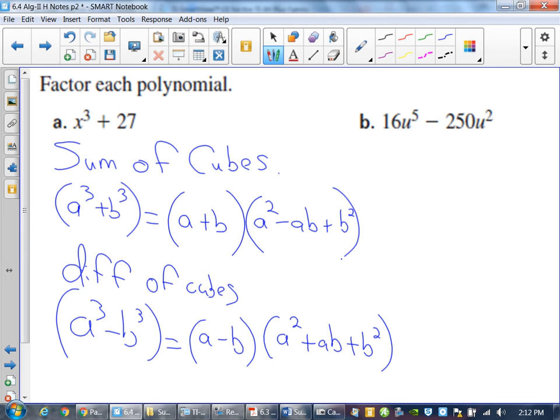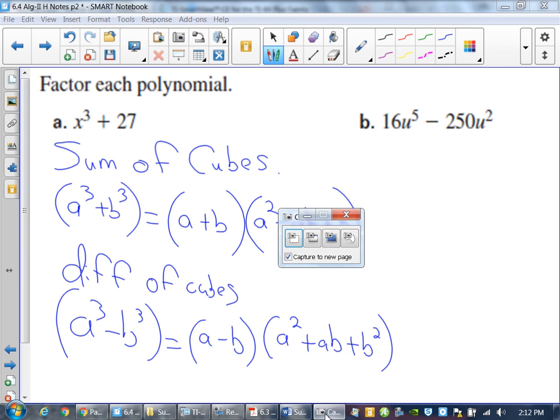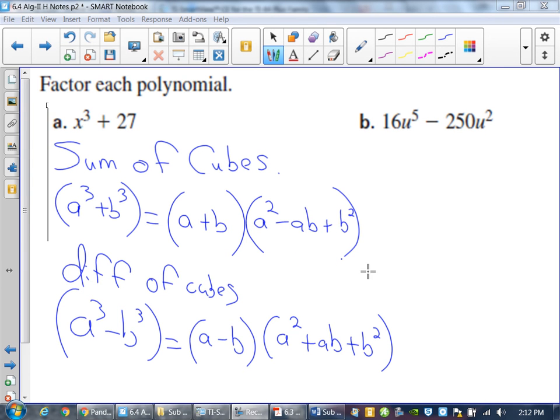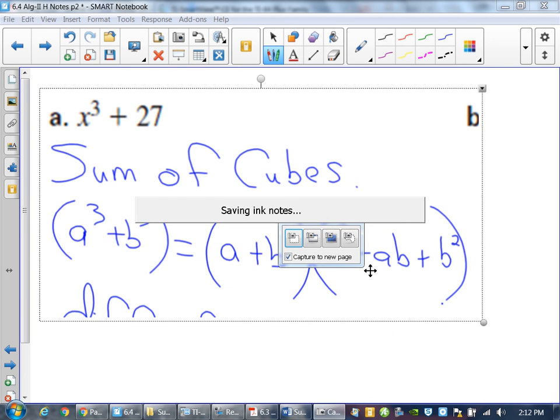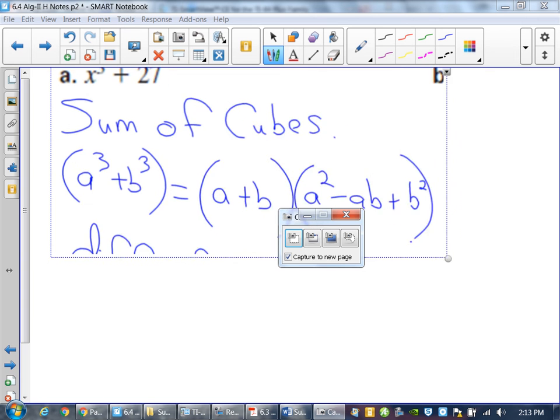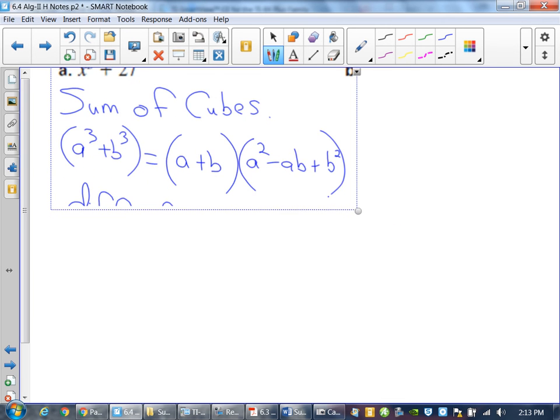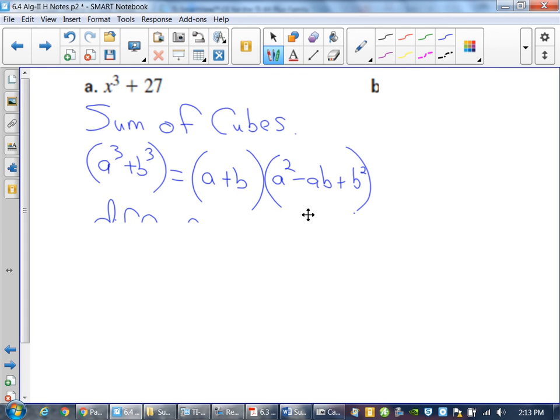Now, what you're going to want to be able to do is figure out which value plays the role of A, which value plays the role of B. So if I go back to my original problem, I've got the x cubed plus 27.